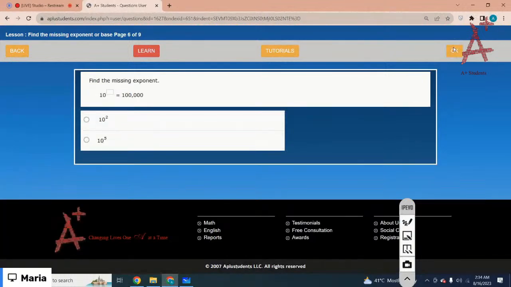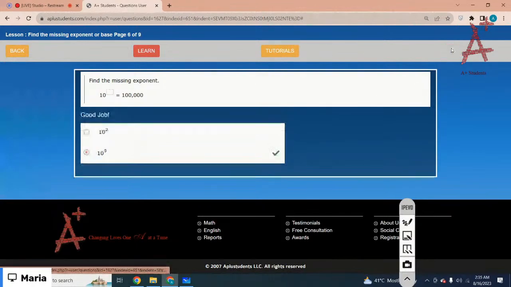Okay, find the missing exponent. Which is the correct option, 1 or 2? Yes, it would be 5, because you have 5 zeros, so it would be 10 exponent 5.